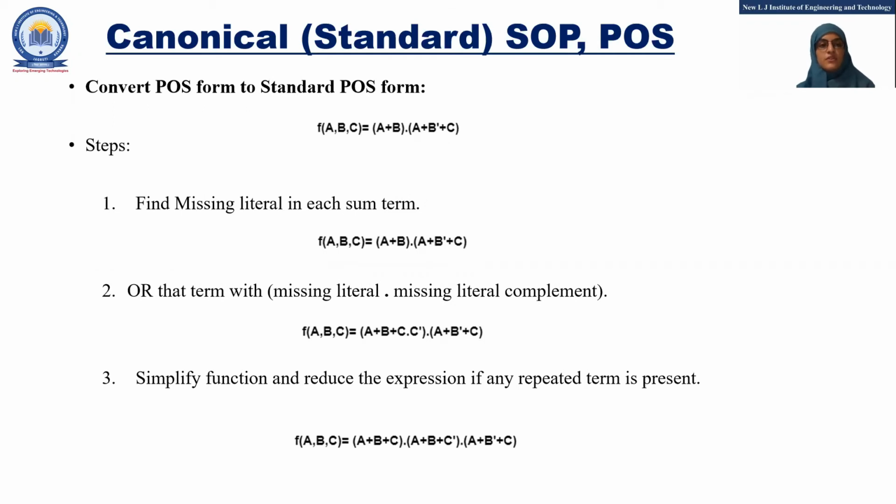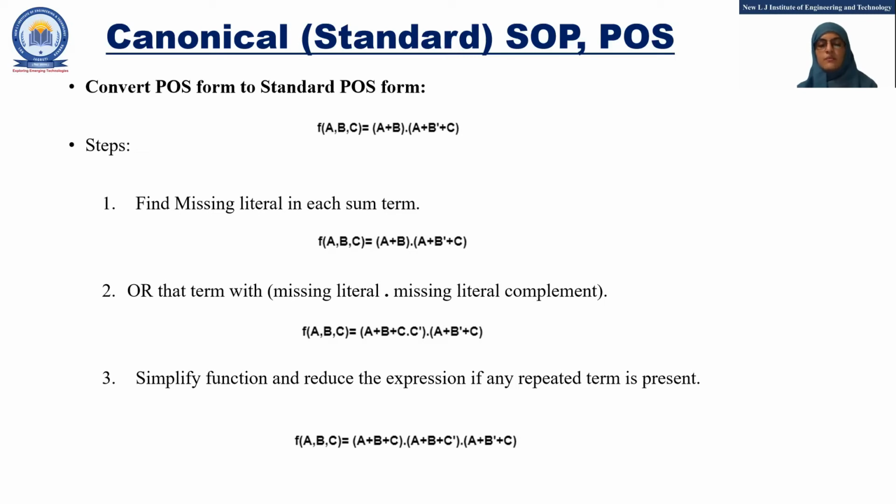Next is conversion from non-standard POS form to standard POS form. So here the question is function of ABC is equal to A plus B dot A plus B prime plus C. Here, this is the non-standard POS form. To convert it into the standard POS form, the first step is to find the missing literal in each sum term.